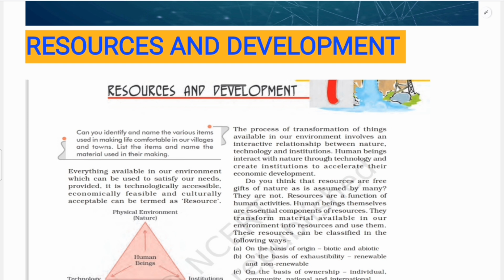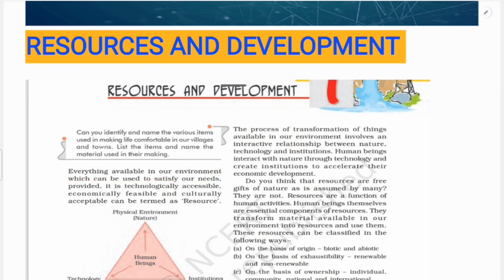Now tell me, what is resources? What do you mean by resource? And what do you mean by development? So resource means everything available in our environment which can be used to satisfy our needs.